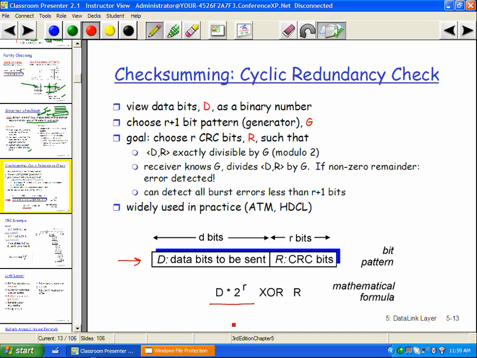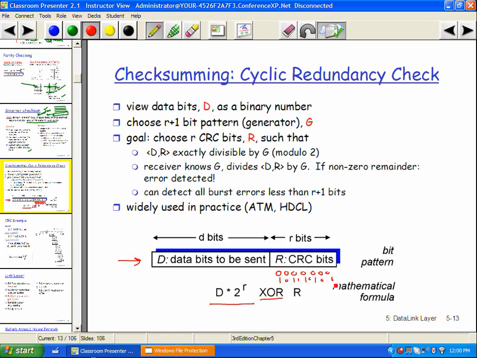Shifting R bits, right? So multiplying by 2 to the power R is shifting R bits. So what this is that all this followed by zeros, R zeros. Shifting R bits, same as putting R zeros in the end, right? And then so if you XOR it with R, you basically get D bits followed by R, whatever it happens to be.